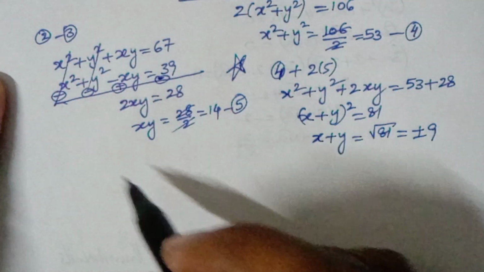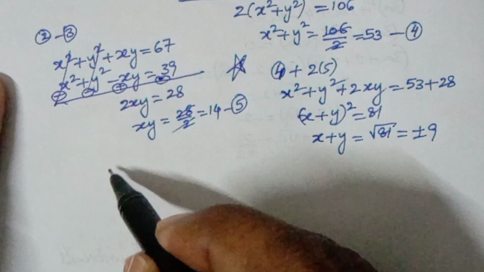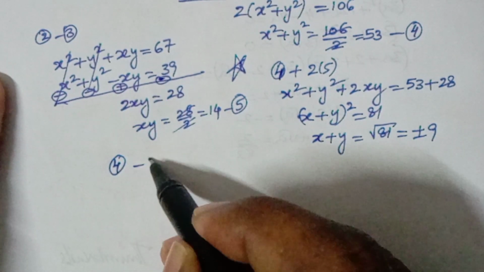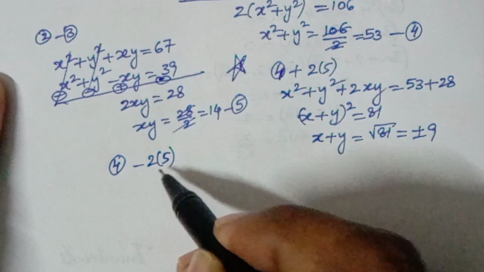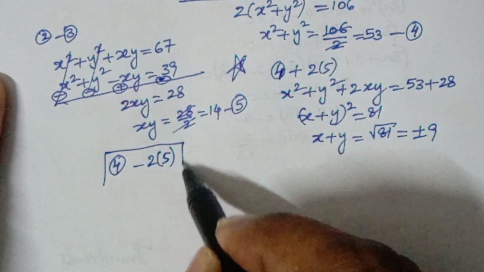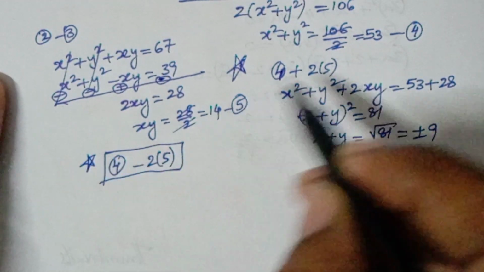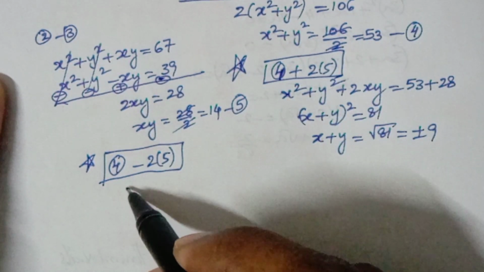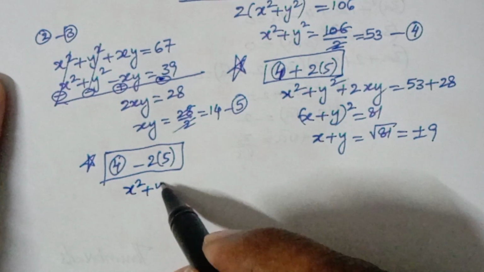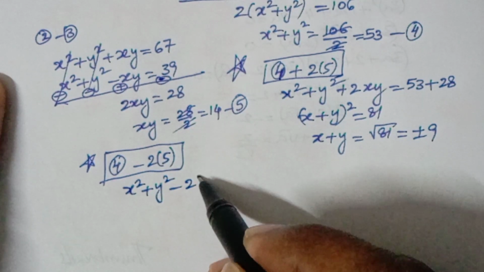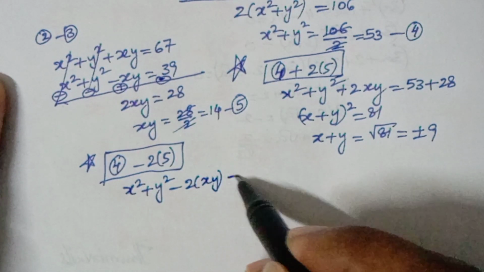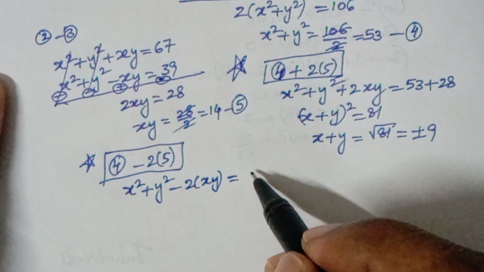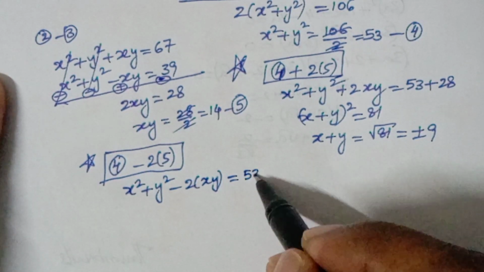Now what I am going to do here is 4 minus 2 into 5. This is also a very important step. So what will we get here? x^2 + y^2 minus 2xy is equal to 53 minus 28.